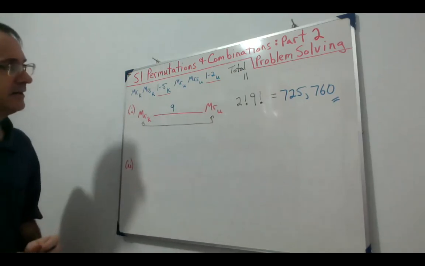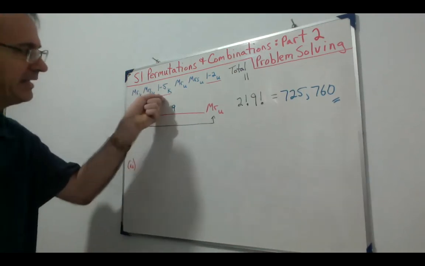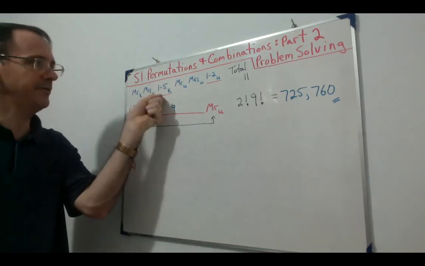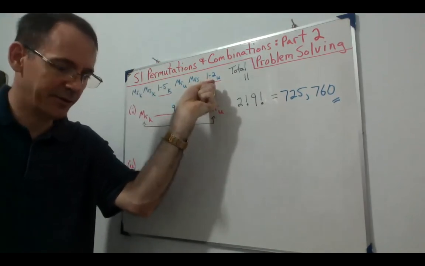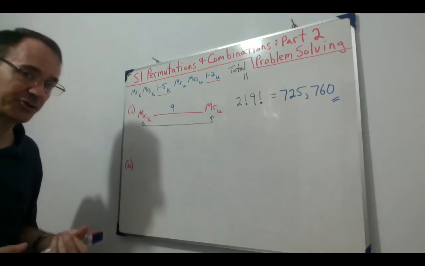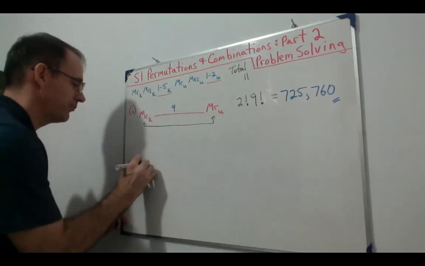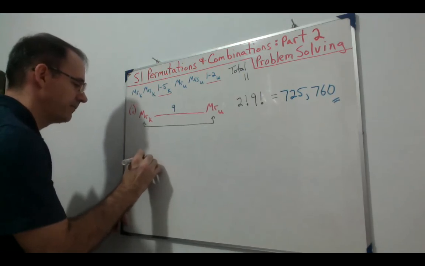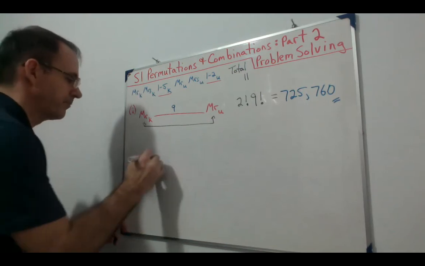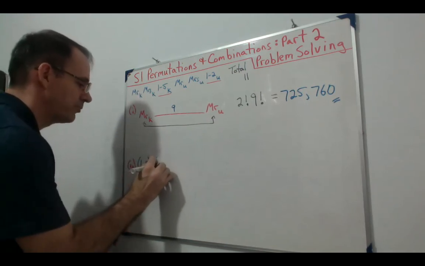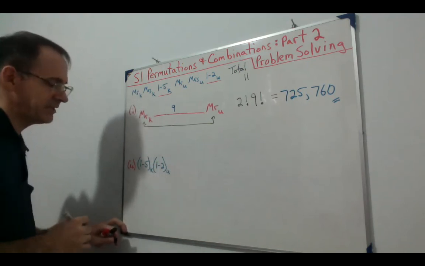So that's the first part. Now the second part says that the only restrictions are that the 5 Keen children need to be together and the 2 Uzuma children need to be together. So let's go ahead and create our groups first. We're going to have 1 through 5 for our Keen children group, and we're going to have 1 through 2 for our Uzuma children who need to be together.